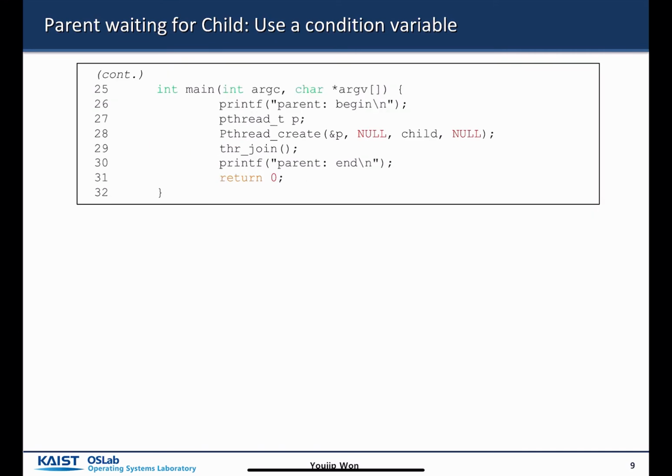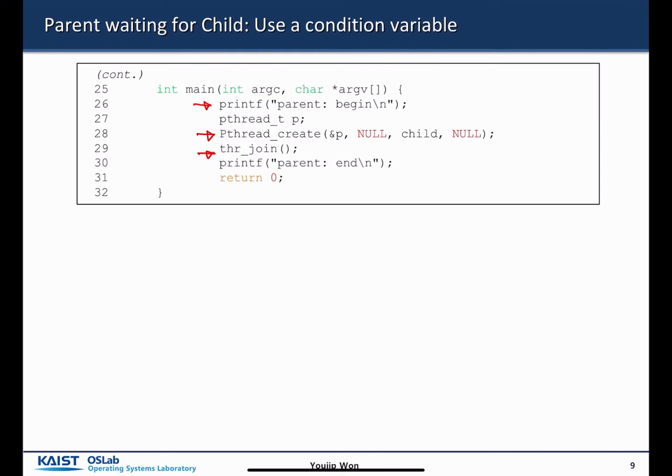And then this is the main body of the function. So first it prints the parent begin statement, and then it creates a thread and executes a thread function, and then after creating a thread, it waits for the child thread to finish by calling thread join.